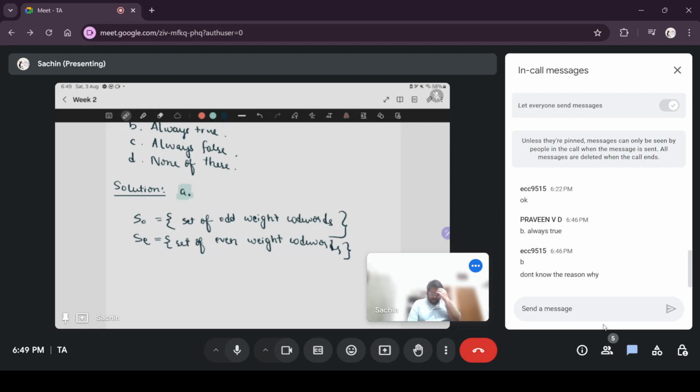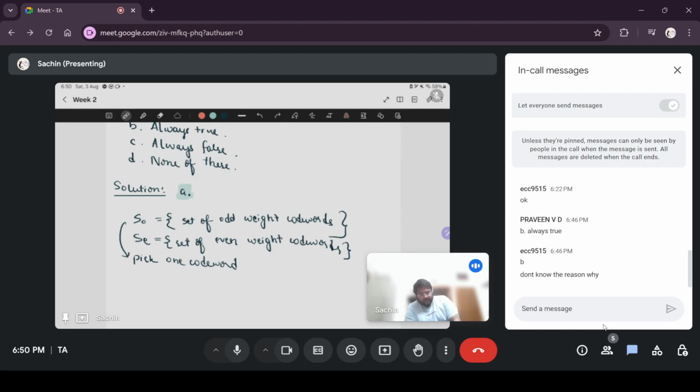Let's start with the odd weight ones. Take one code word from the set of odd weight code words. Pick one code word. And then add it to each of the code words in the set SE, so add it to each of the even weight code words.